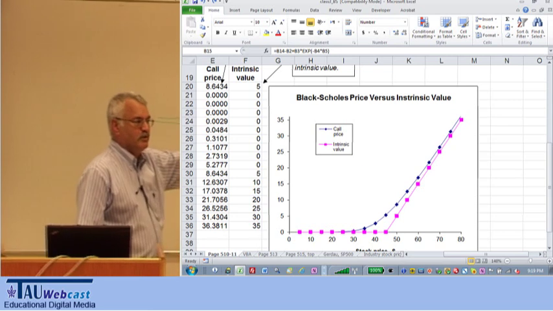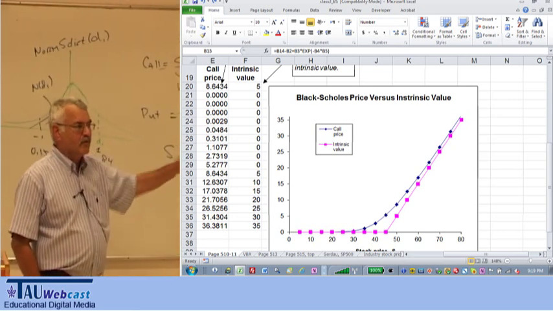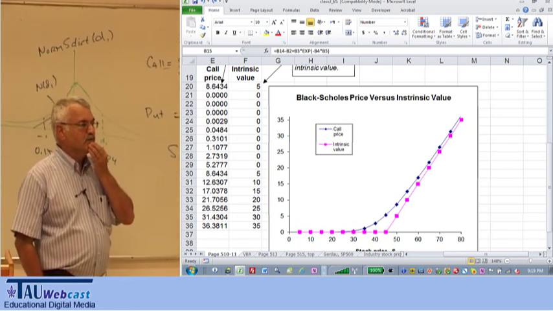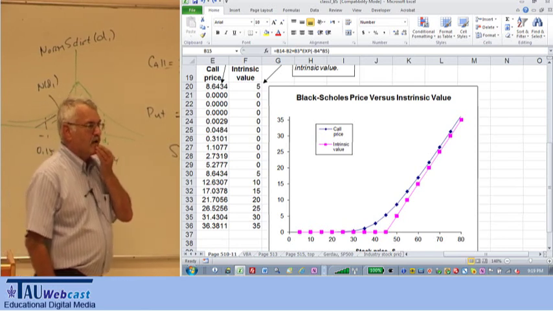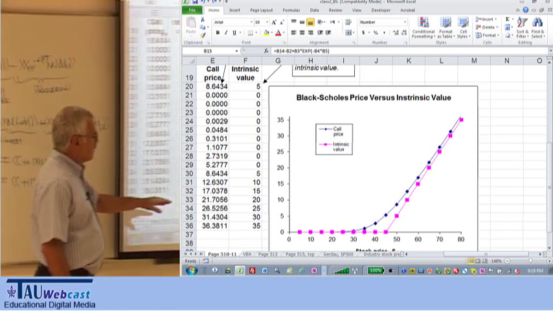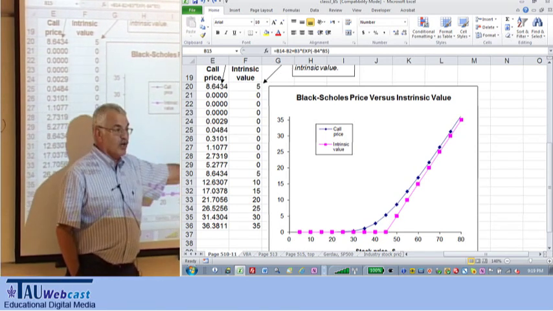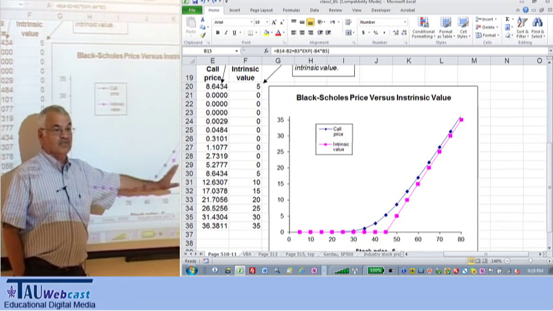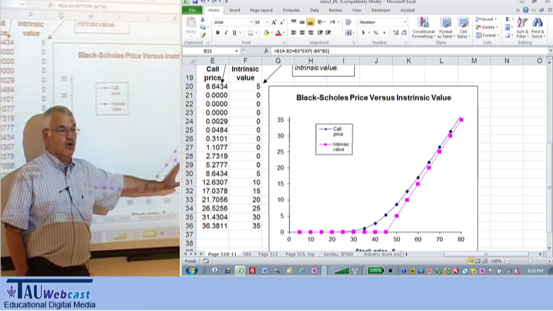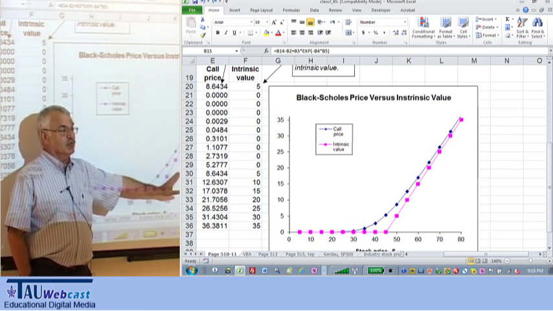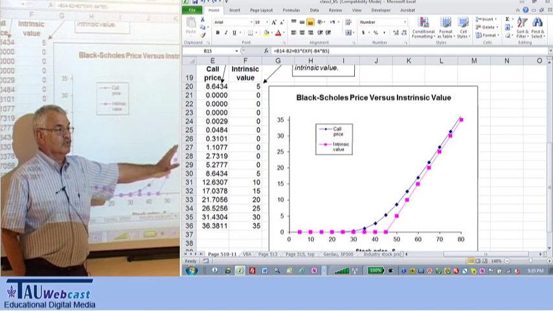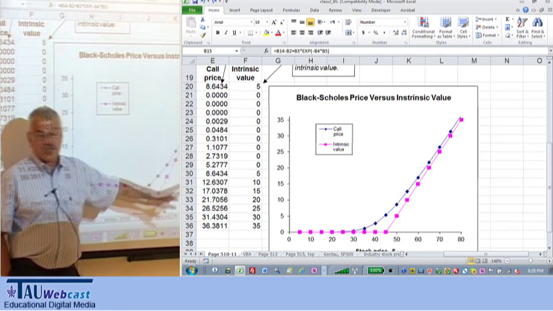How do you prove that from here? The call price is always above the intrinsic value. The intrinsic value gives you the early exercise value, but the call price is bigger, so you might as well sell it.